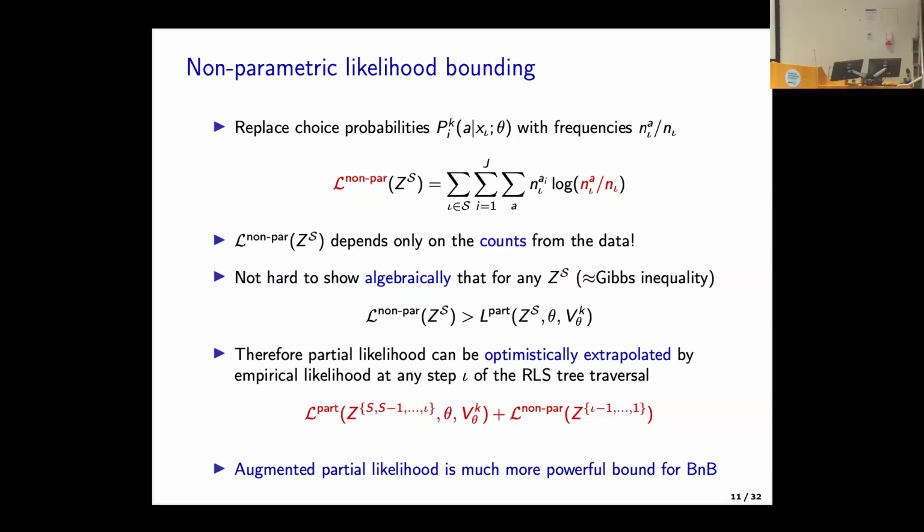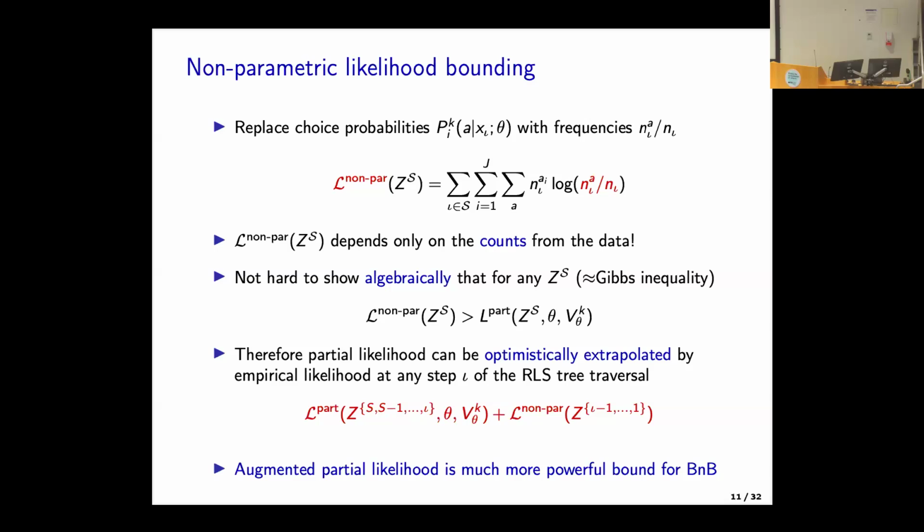Let's talk about the non-parametric likelihood. I want to make it a function of any subset of points in the state space. And this is the same form as the likelihood, right? This is going to be summed up over a subset of points. And I'm going to use a frequency estimator instead of the probability computed by the model.